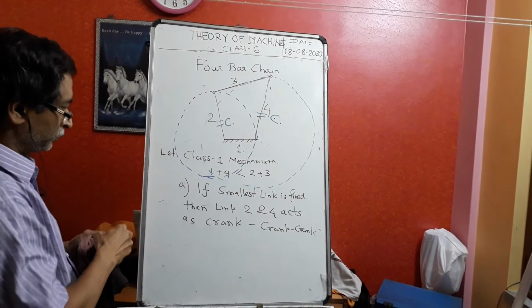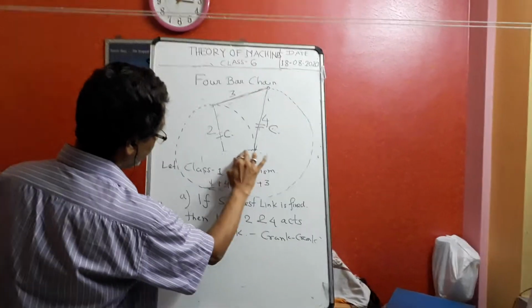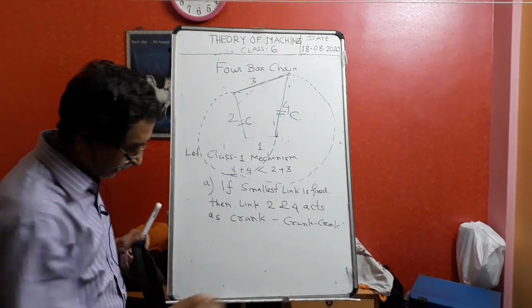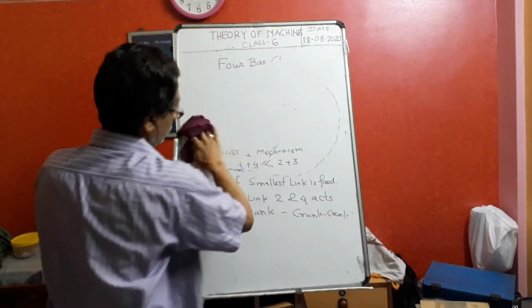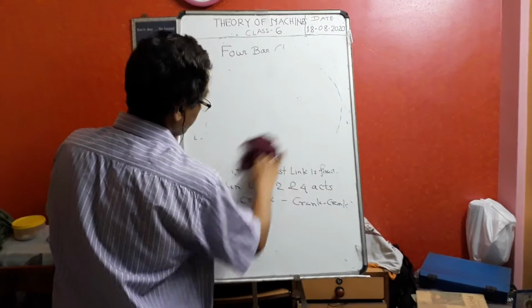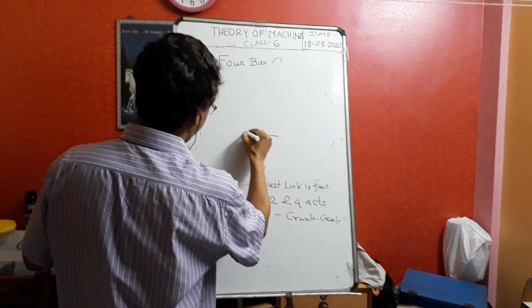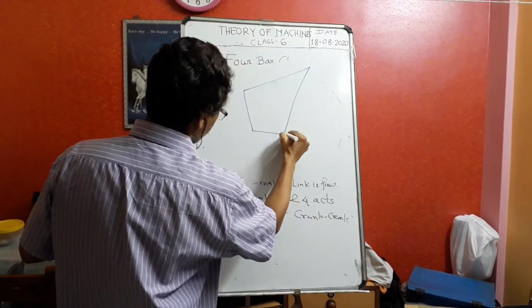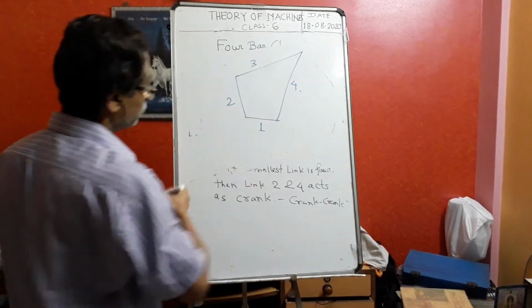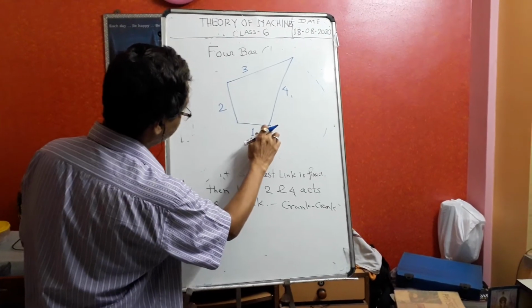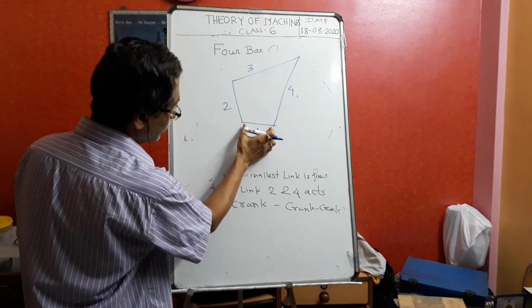Now the second option. Let us clear it. This is 1, this is 2, this is 3, this is 4. Now instead of fixing the smallest link, I am fixing a link adjacent to the smallest link.